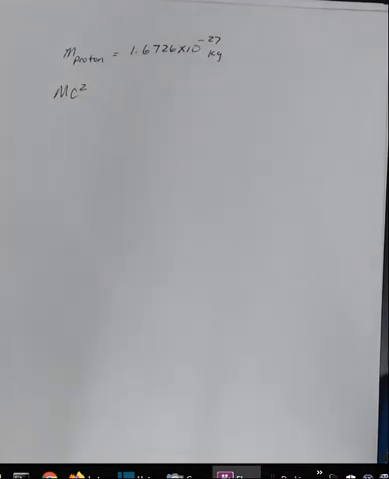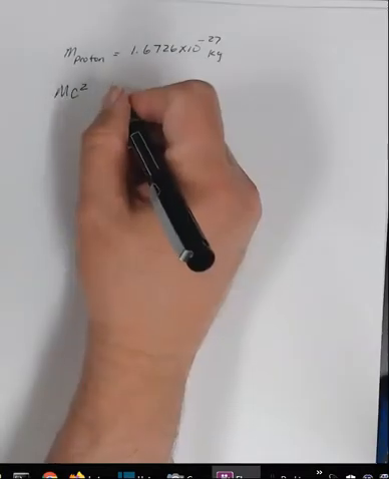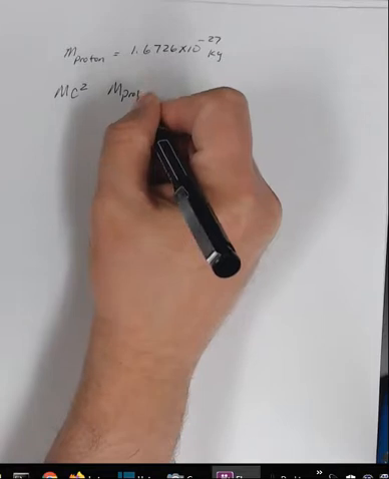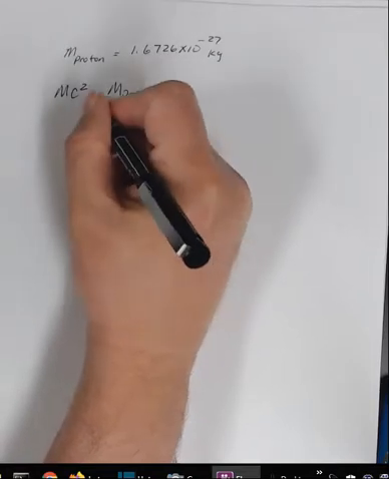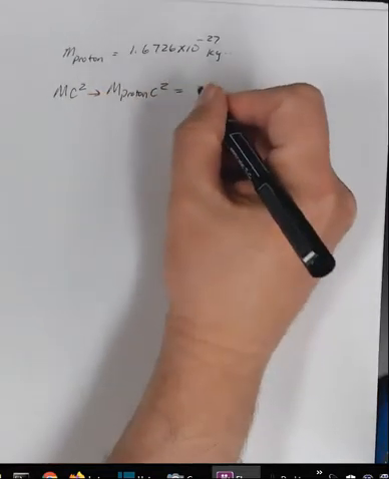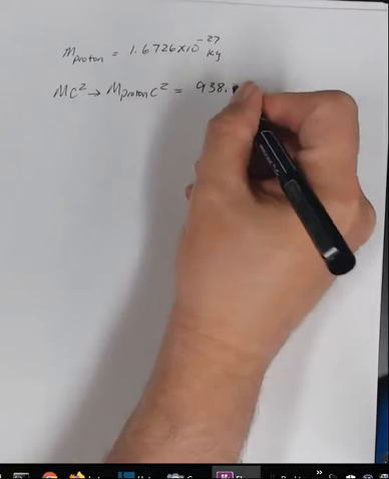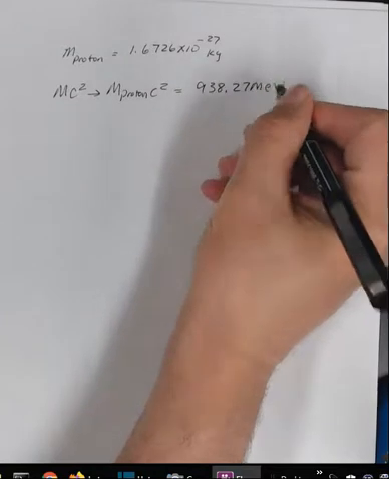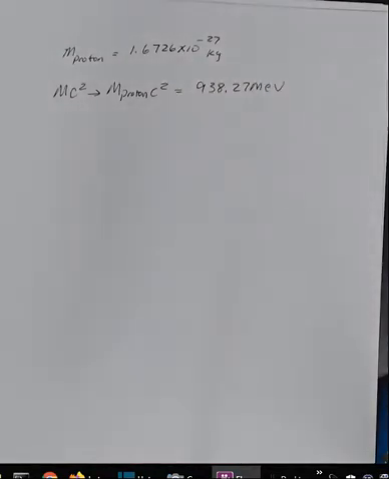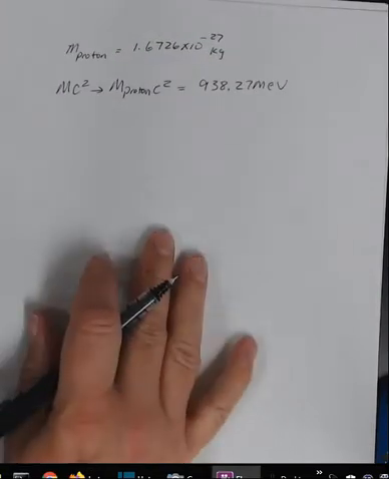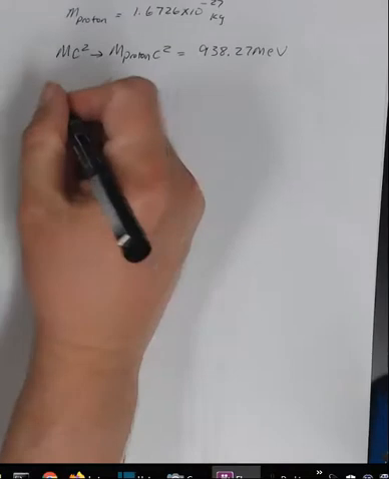So we'll say a mass in MeV. For example, the mass of the proton, m c squared, is equal to about 938.27 MeV. Many times we just refer to the rest mass energy.